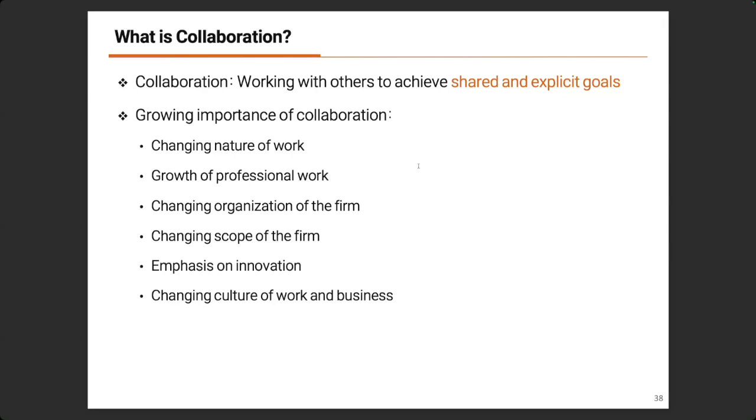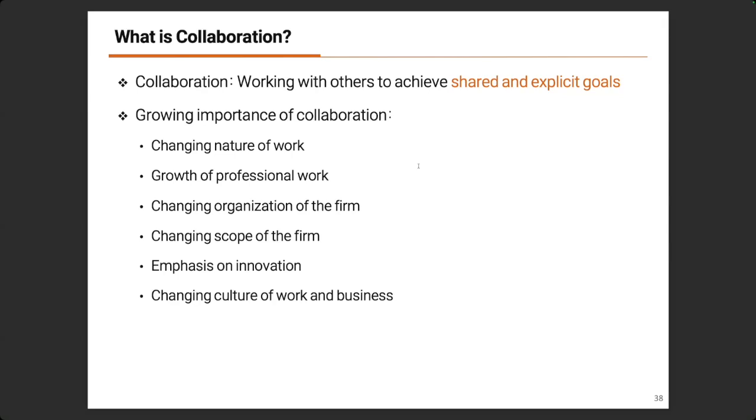Collaboration is a very powerful and effective business strategy. So what makes collaboration so important and effective in today's business? There are several reasons, so we can think of the following topics about the importance of collaboration. The first one is changing the nature of work.